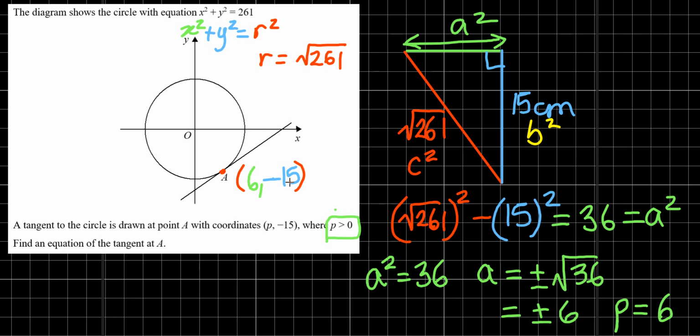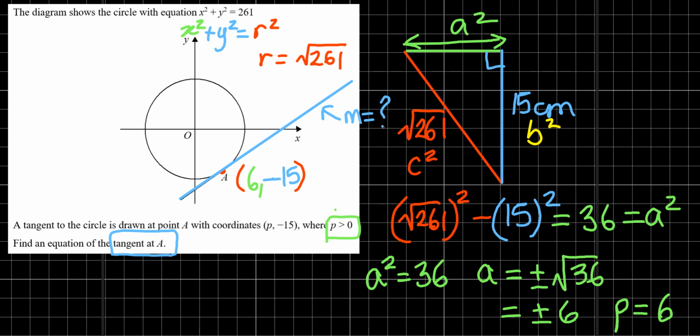Next, we want to know the gradient of the tangent at A. We don't know what that gradient is, which is what would help us to work out the equation.